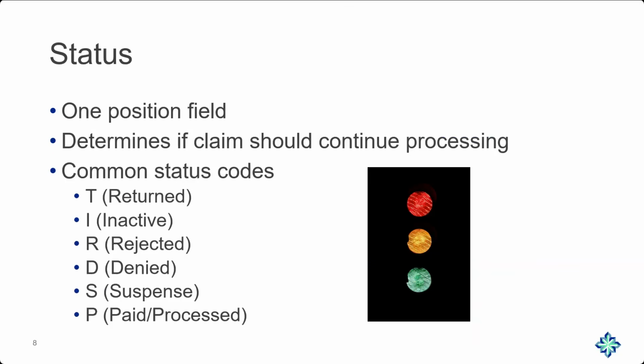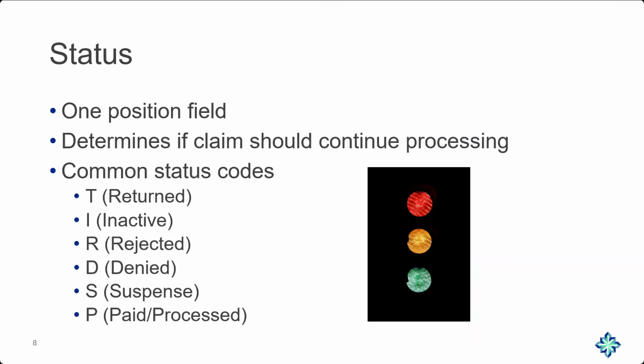Sometimes the status location indicates that you need to take action on a claim in order for it to continue processing. There are 6 main status codes that are represented by one letter, and you see them listed here. By looking at the status, you can quickly find out what's happening with your claim.